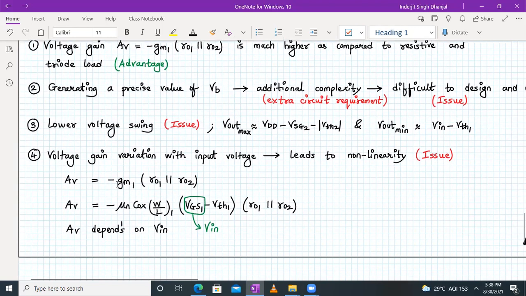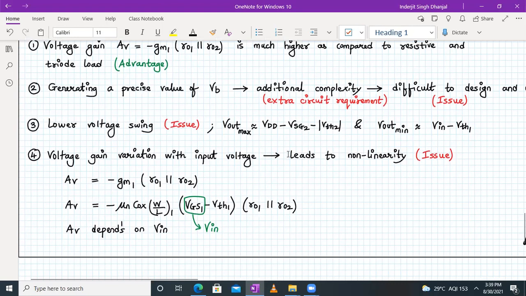Then next, the voltage gain variation with the input voltage. Does my voltage gain vary with the input? Yes, in this case, yes. How? AV is given by minus GM1 into RO1 parallel to RO2. And what is GM1 given by? Mu n Cox W by L, VGS1 minus VTH.